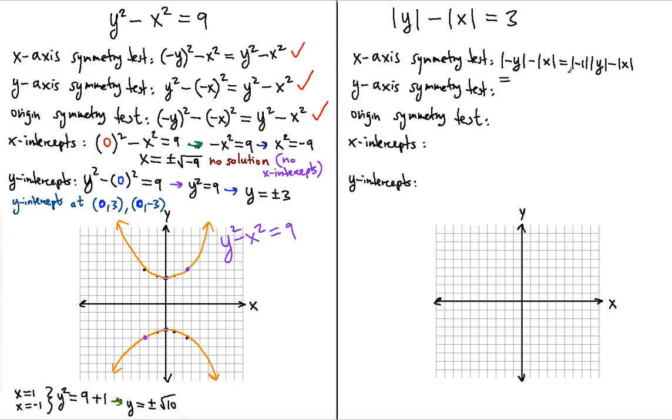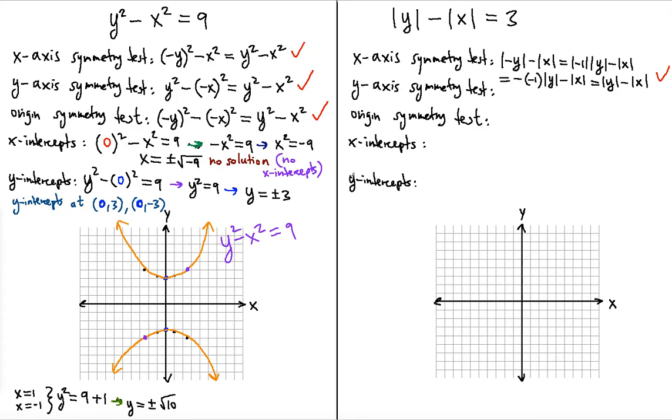The absolute value of negative 1 is simply positive 1, so the negative version of the negative is positive. So there you go. Positive 1 times absolute value y is absolute value y minus absolute value x. Look what happened. We matched the original equation. So we'll definitely know there's x-axis symmetry.